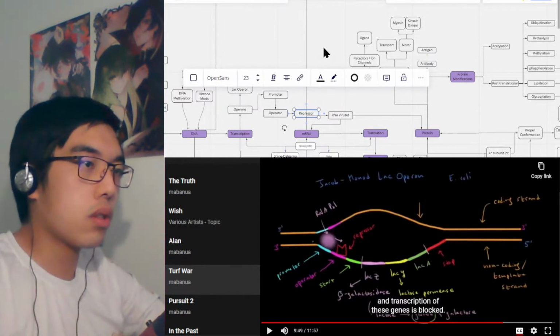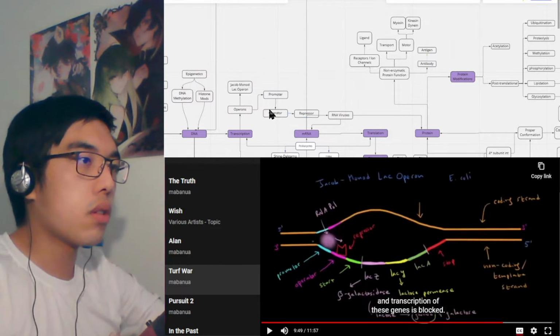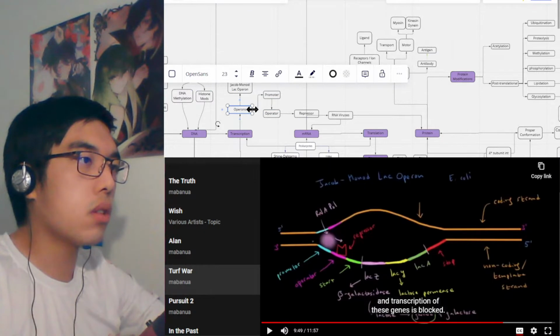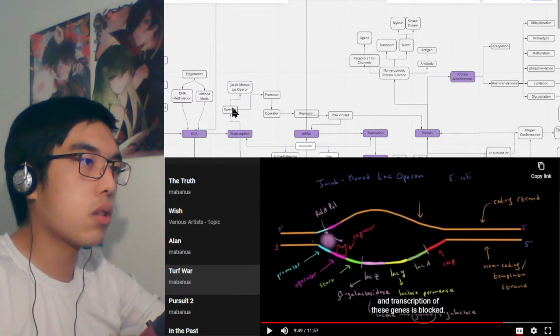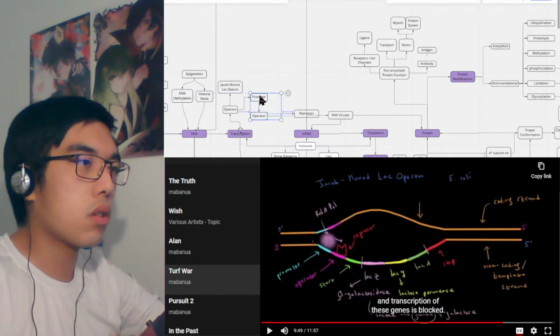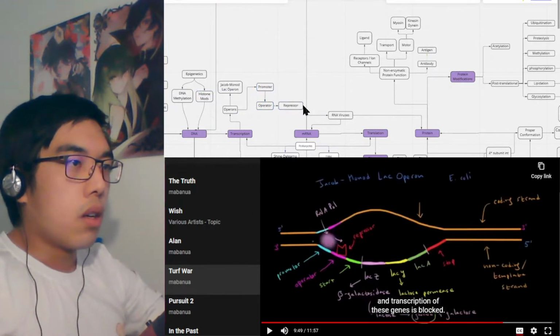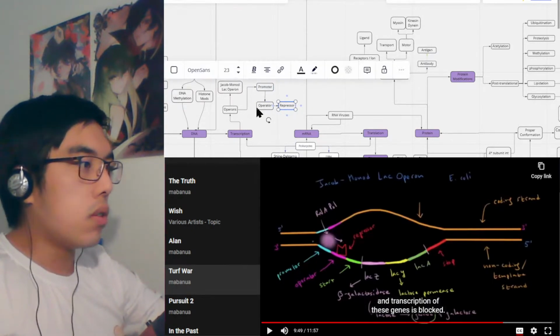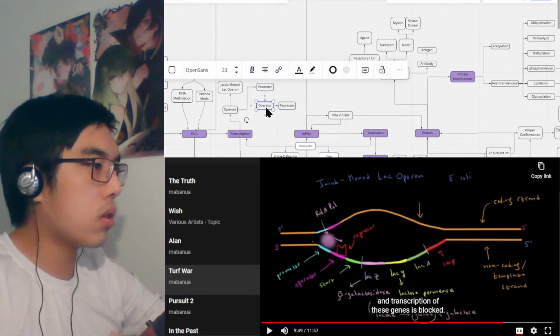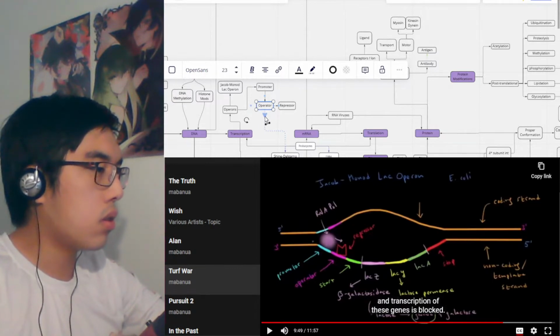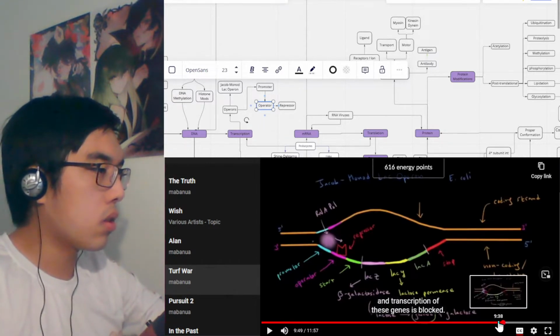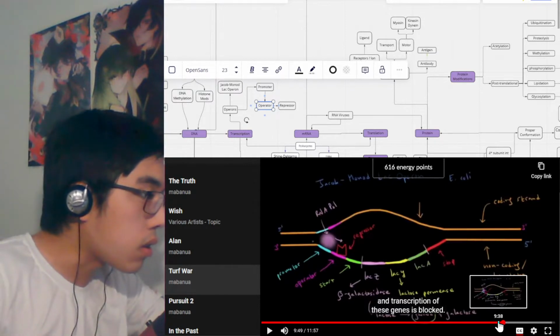Repressor. Need to give myself more space here. Repressor is here. Then the start, and then the actual coding region, and then stop.